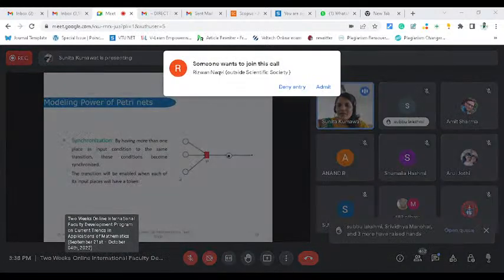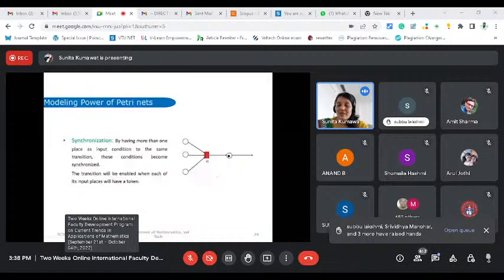Basically, these concepts like Petri nets can be useful in manufacturing, automatic systems, and some industrial problems. Everything works on a logic where some input conditions and output conditions are required for firing any transition or any process.